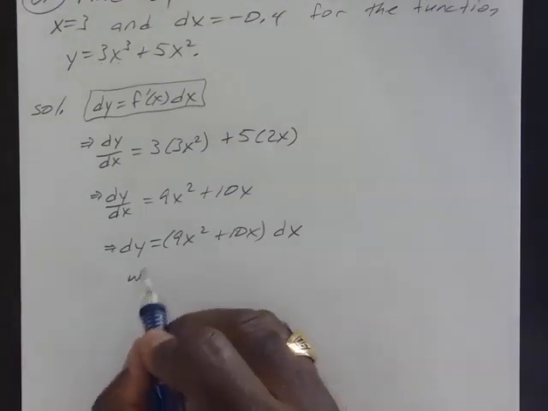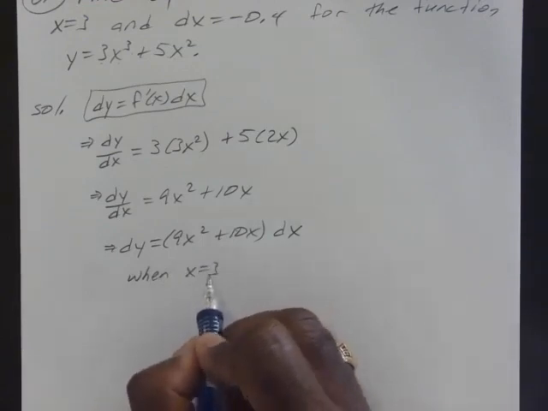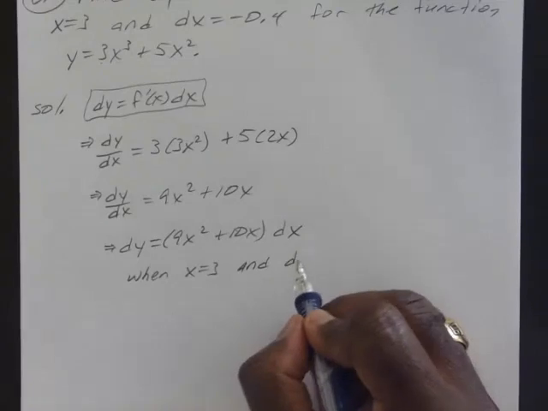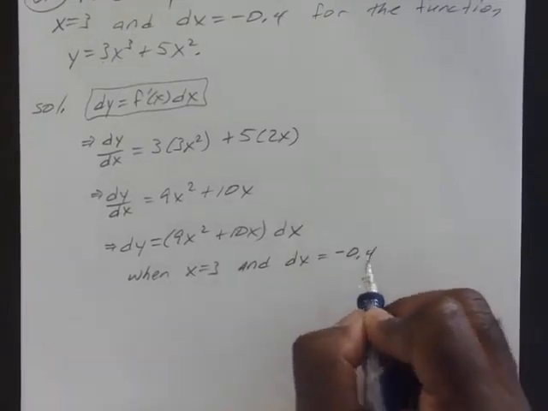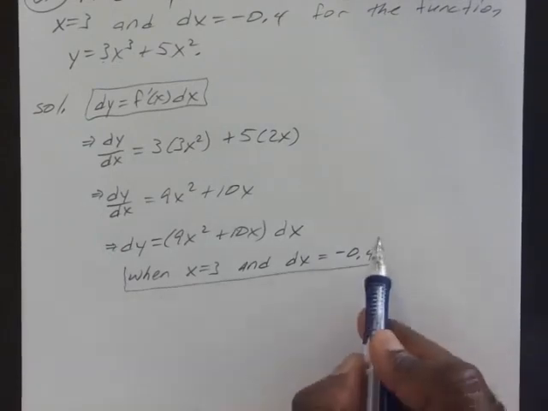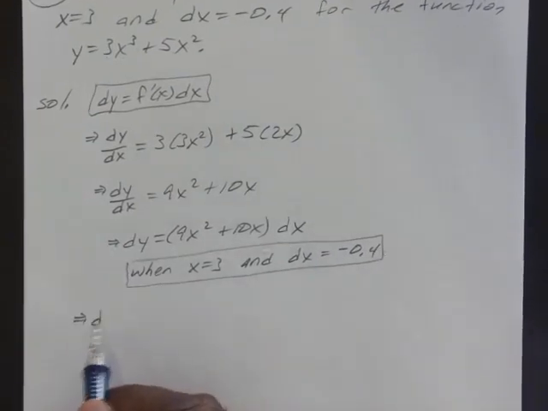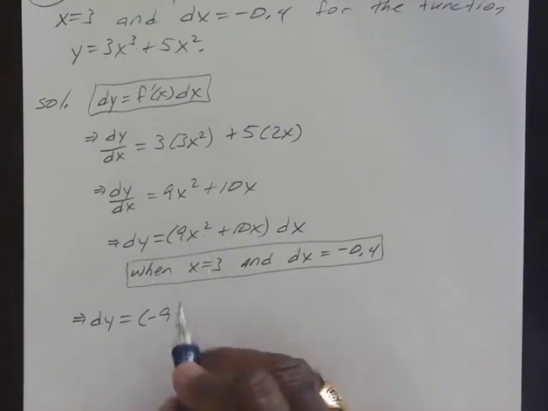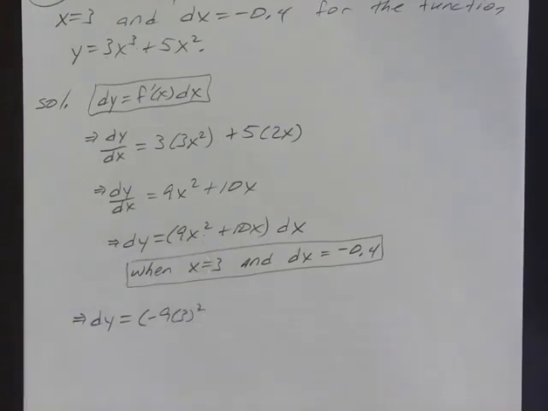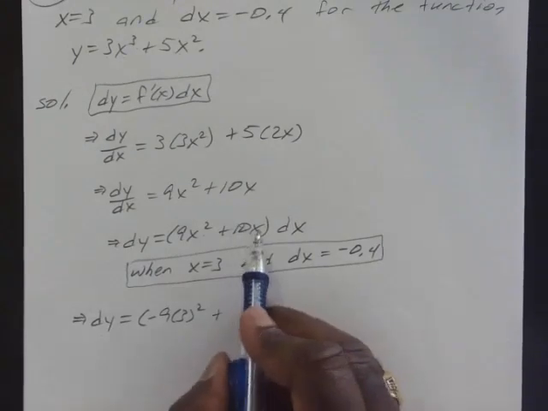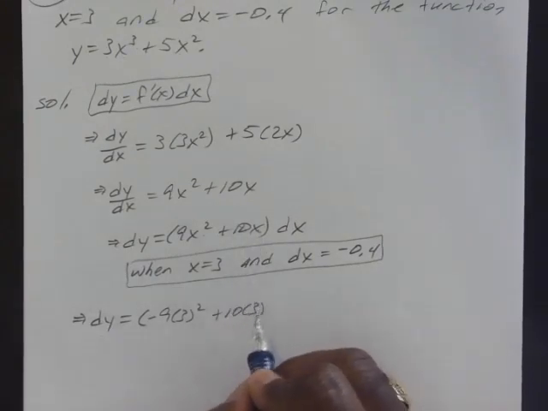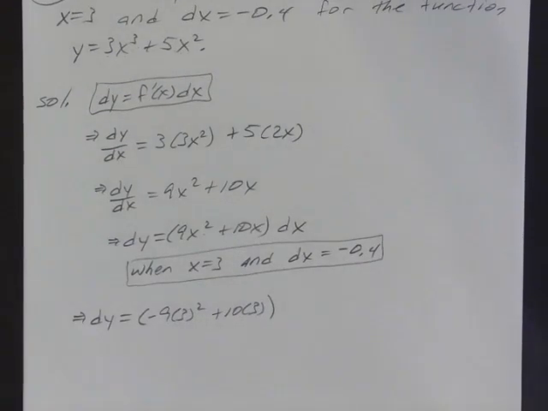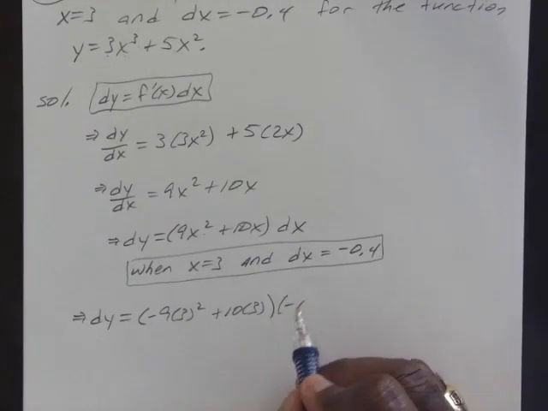Okay. So we want to know that when x is equal to 3 and your dx is equal to negative 0.4, your dy is equal to 9 times 3 squared plus 10 times 3, and your dx, we're going to replace that with negative 0.4.